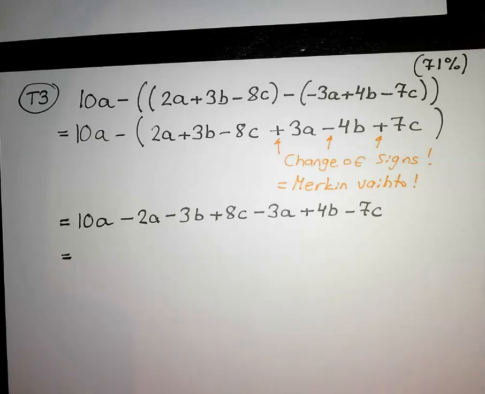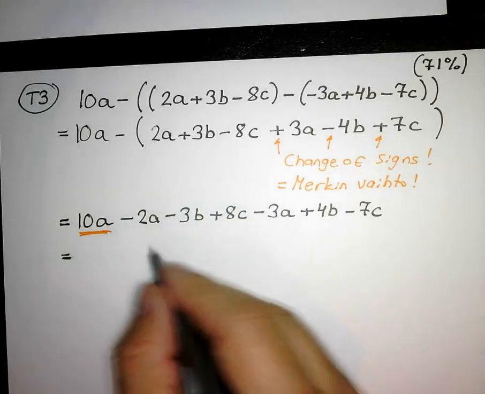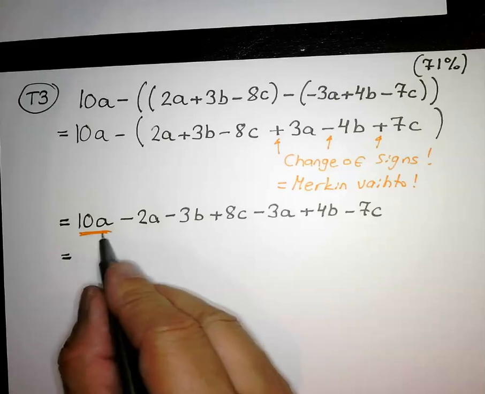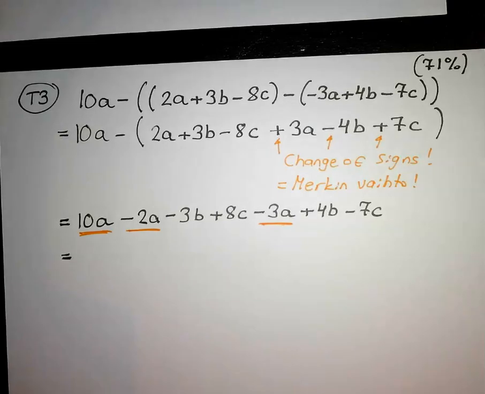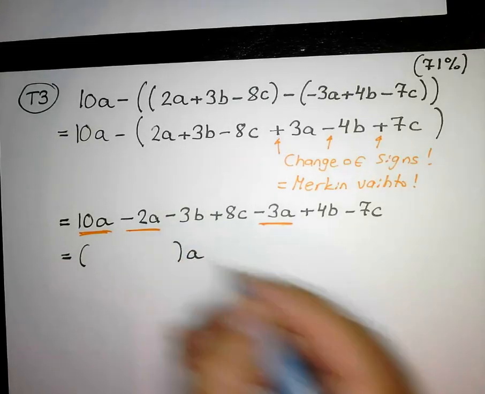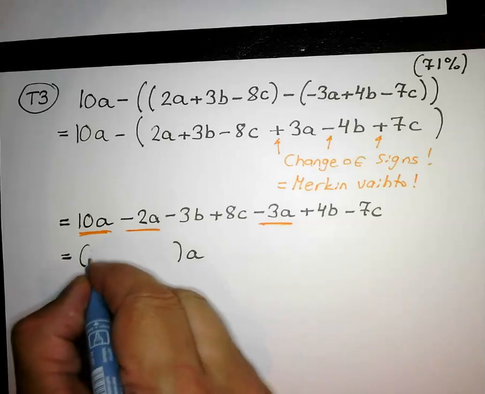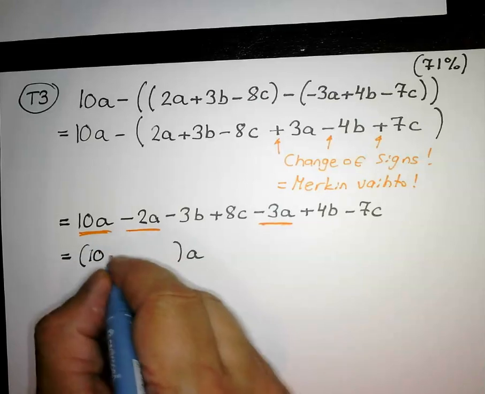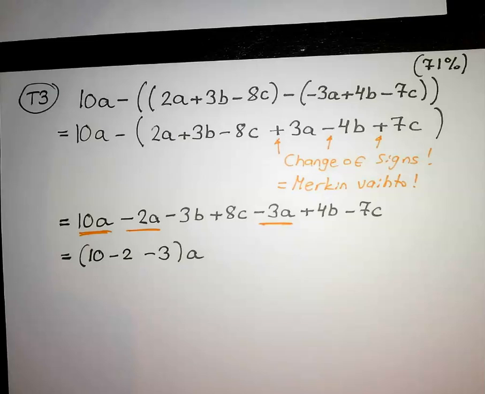I will again use some color here. A, here is A, and here is A. So these will be the A part of this expression. There will be 10 minus 2 minus 3.